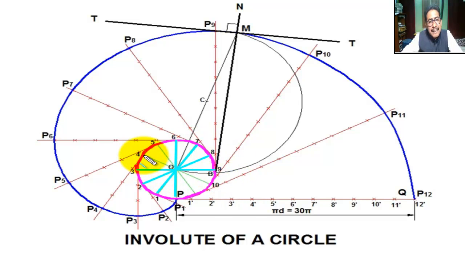In the opposite direction, this is 30 degree angle, this is 60 degree angle. Now we mark these points 1, 2, 3, 4, 5, 6, 7, 8, 9, 10, 11 and 12.